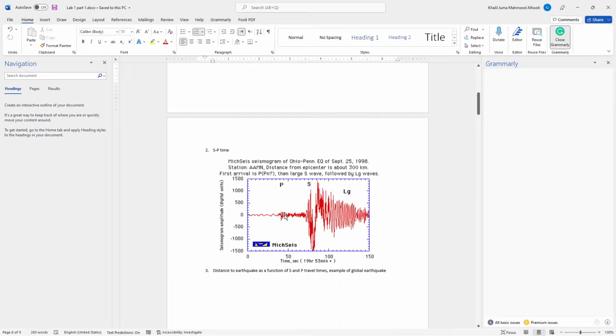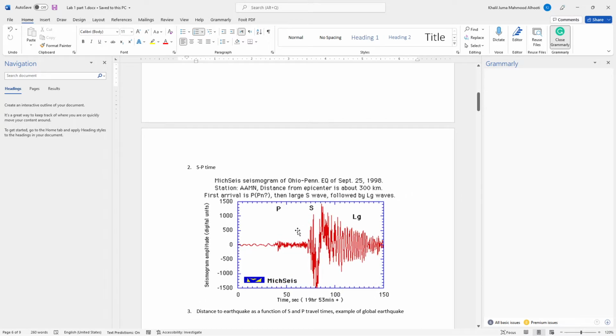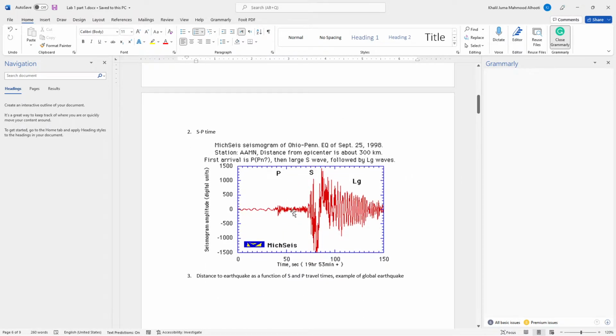So in this figure, that's basically a seismic wave or a trace recorded at a seismic station, and it has different types of wave arrivals. The first wave is the P wave. That's the P wave exactly.